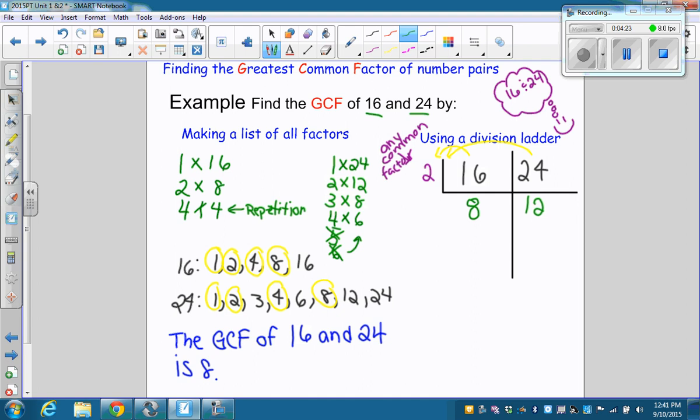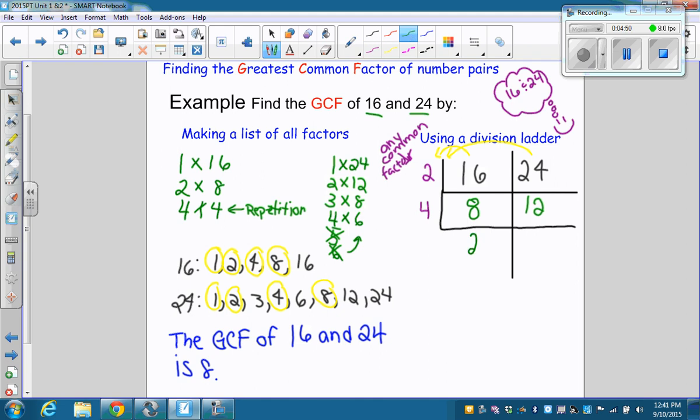If 8 and 12 have a common factor, then you continue the division ladder until the only common factor left is 1. So now you go through the process again and you pick any factor that's common to 8 and 12. Maybe you might be thinking of 4. So 8 divided by 4 is 2.